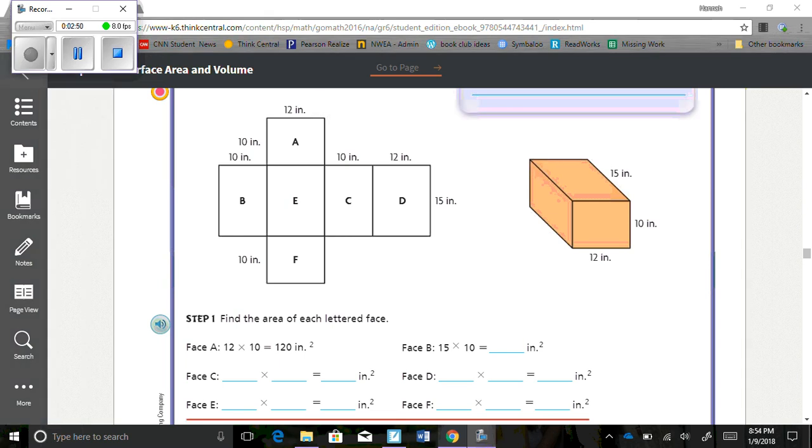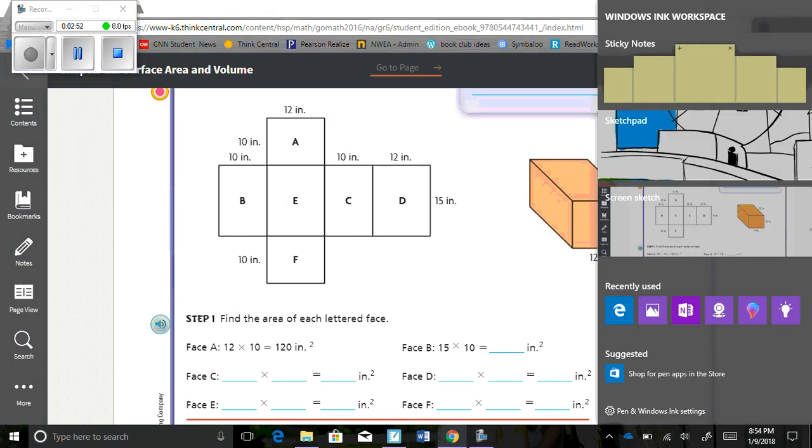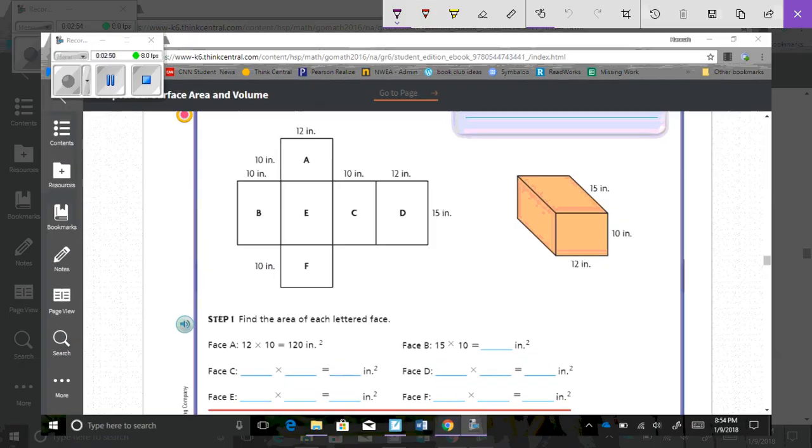Okay, so I am realizing that my book and the online version are different. So bear with me if yours are different. My numbers are the same everywhere except they labeled it differently.